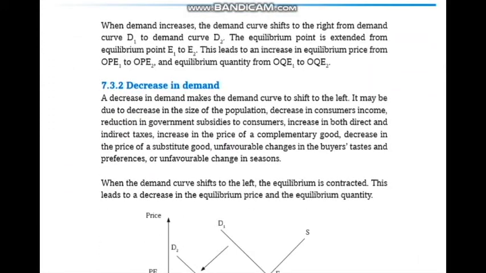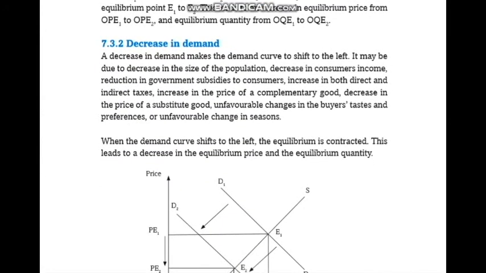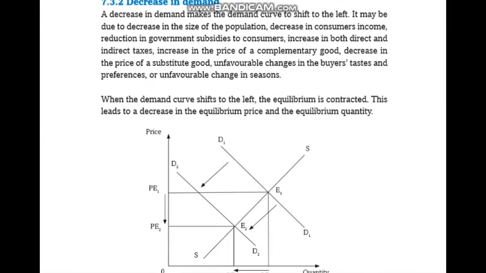When a demand increases, the demand curve shifts to the right from demand curve D1 to demand curve D2. The equilibrium point is extended from equilibrium point E1 to E2. This leads to an increase in equilibrium price from OPE1 to OPE2 and equilibrium quantity from OQE1 to OQE2.